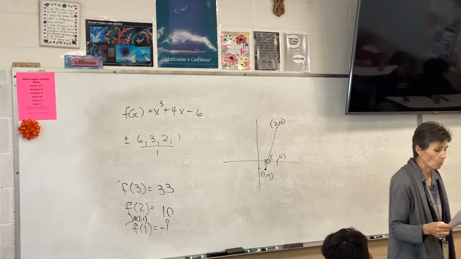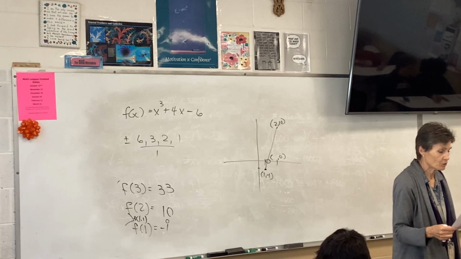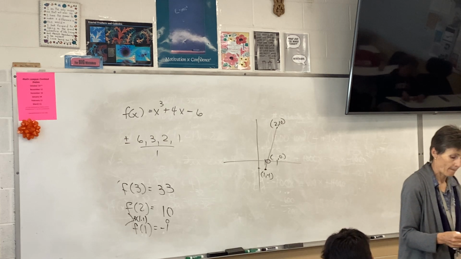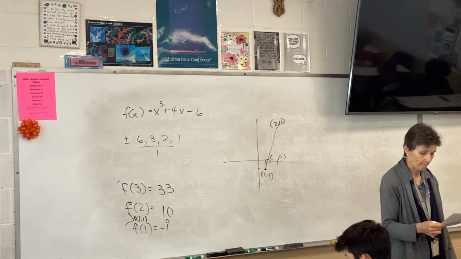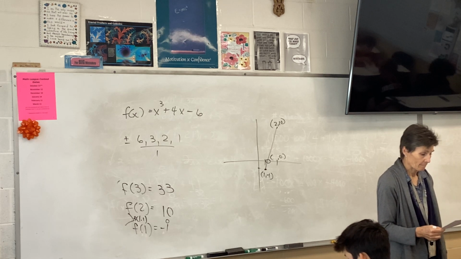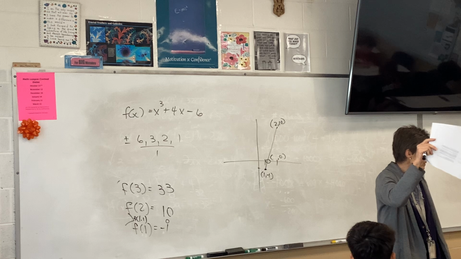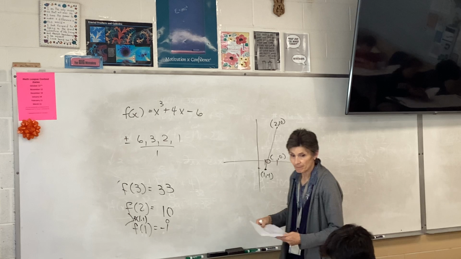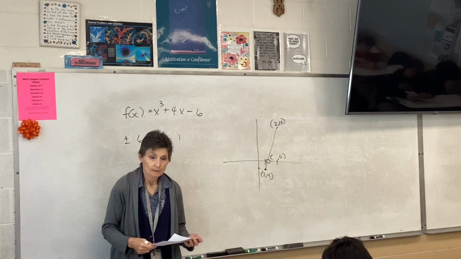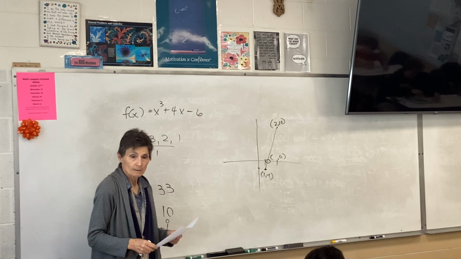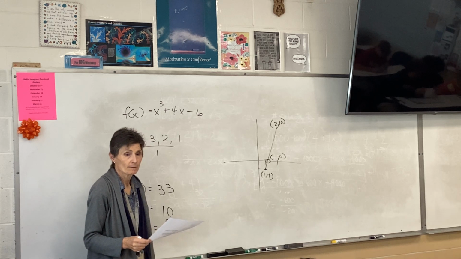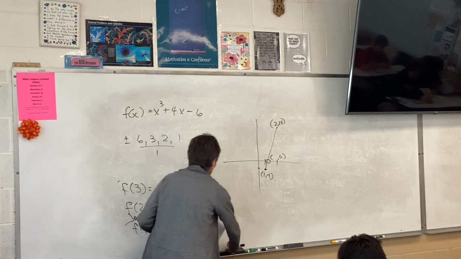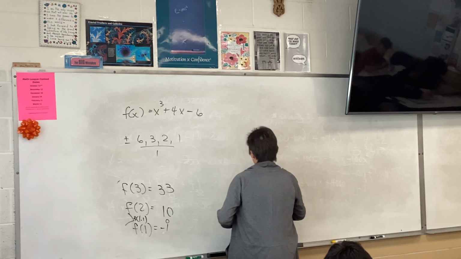Let's pick the one that says review number 2. Precal A period 5 is the best, review number 2. So it's a 2-page review sheet. All right, ready?